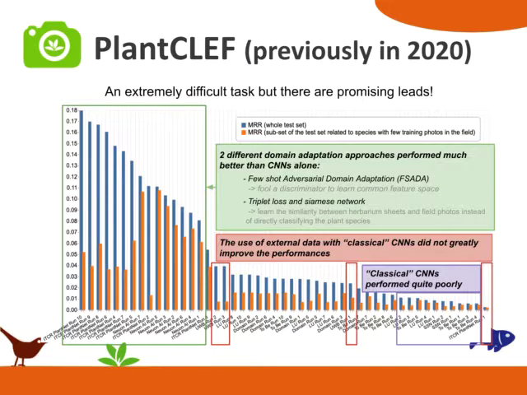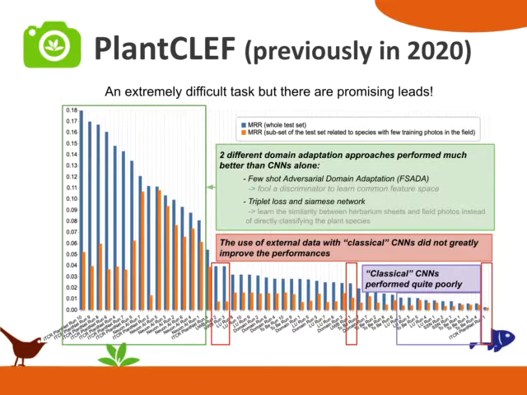And even if you use additional training data found on the web or in other places, the performance remains very low. And so the only methods that were able to achieve better results were really focused on domain adaptation, that is specific neural networks for domain adaptation. And there were mostly two different methods.